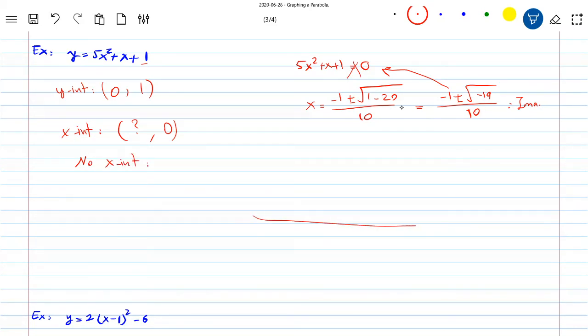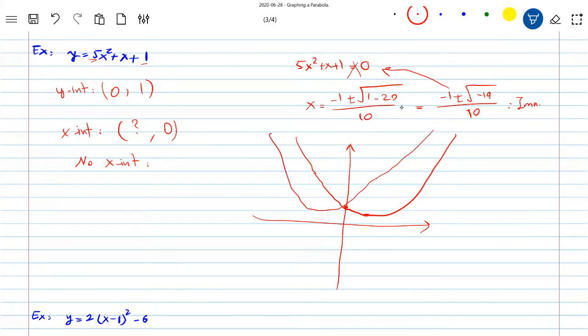What does that tell you? That tells you if you graph this function, you have 0 and 1. This is the y-intercept. The graph goes through this point somehow. Maybe something like this, and since a is positive, it should be upward. But it never crosses the x-axis. Maybe it looks like that. I'm not sure if this is the vertex point, but I'm guessing that either it looks like that, or looks like this.